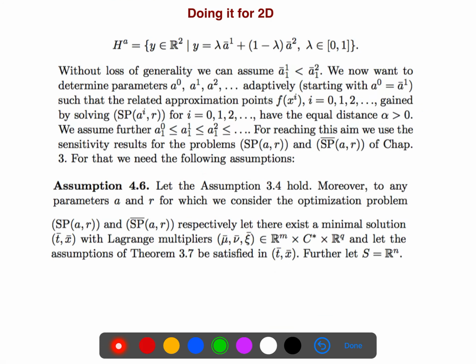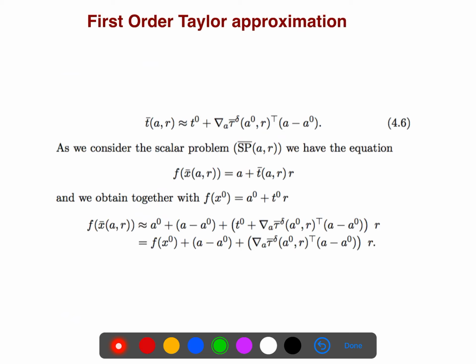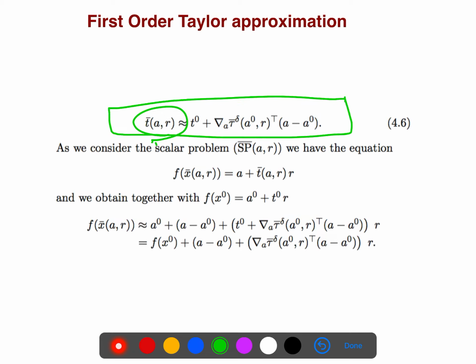So for a 2D problem, you can define something like this. Remember, this is the value function. You approximate it by a first order Taylor approximation.